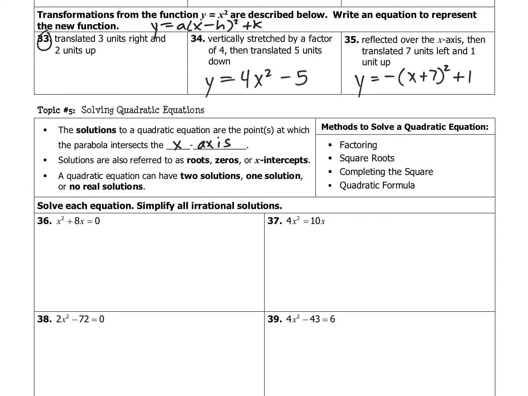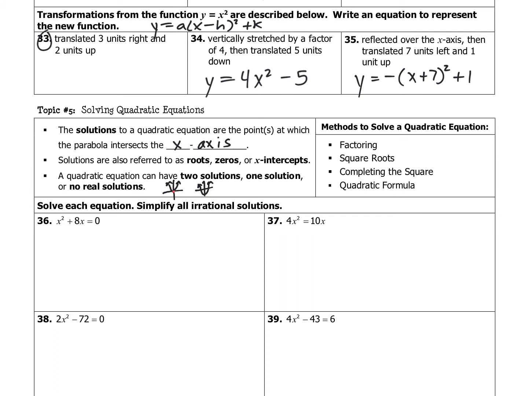A quadratic equation can have 2 solutions, one solution, or no real solutions, and this is just based on where the quadratic lands. So for example, if we have a quadratic whose vertex is on the x-axis, then we're only going to have one root. If we have a quadratic whose vertex is below the x-axis, then it can intersect in 2 places.